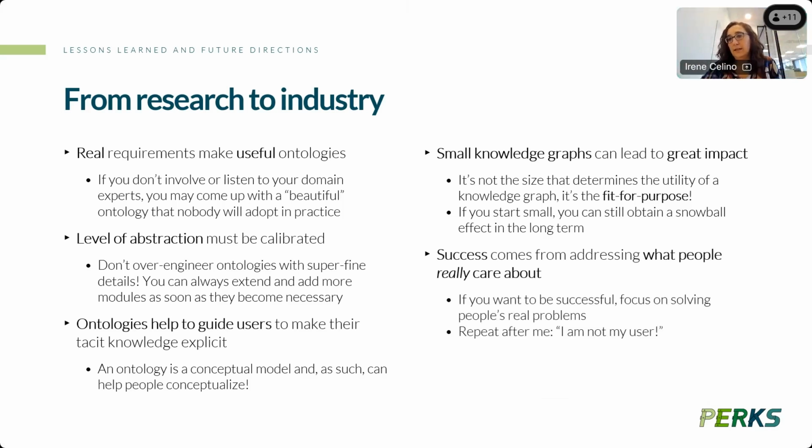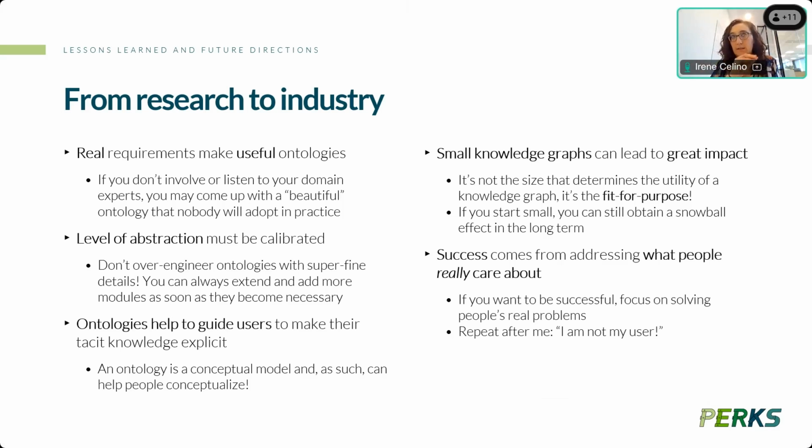And finally, the point is always focus on what people care about. So both in ontology engineering, in knowledge graph construction, and in any tool building, you have to focus on the actual problem you are solving.